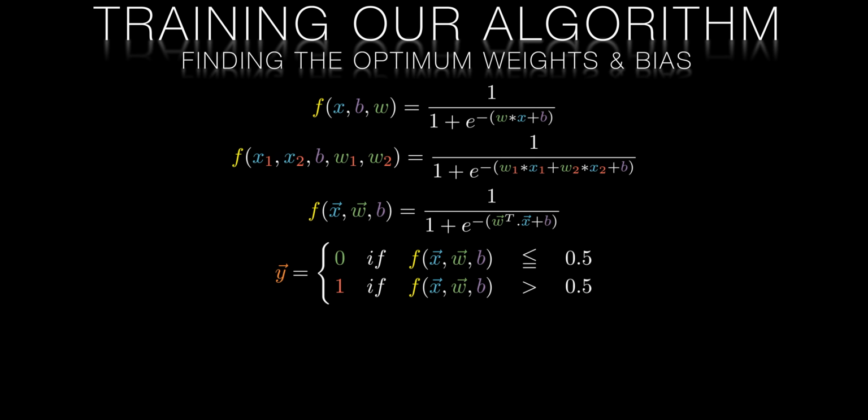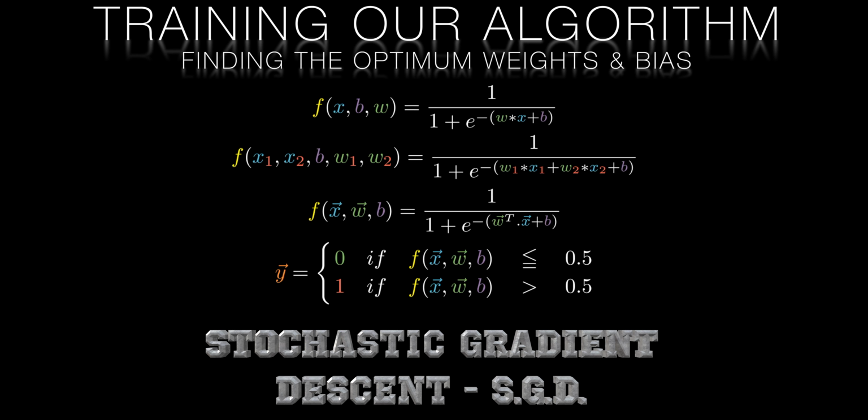As we mentioned earlier, this looks a lot like optimizing our weights and biases for neural networks. Indeed, it is. We will use the same method to iteratively nudge these parameters so that they converge on an optimum solution. The method is called stochastic gradient descent, or SGD.